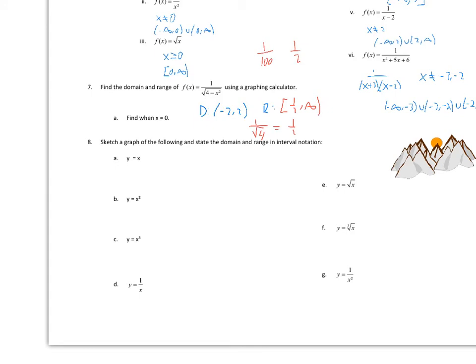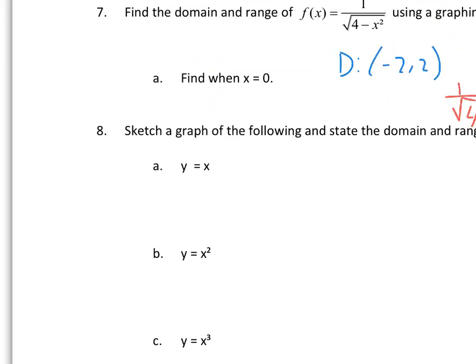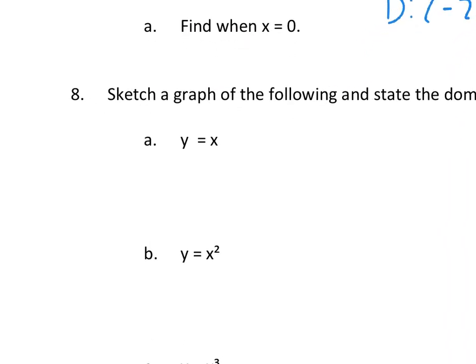All right, and then number 8, we're just going to sketch graphs of these basic functions and then state the domain and range in interval notation. So y equals x, you should know that. Domain and range are both negative infinity to infinity.